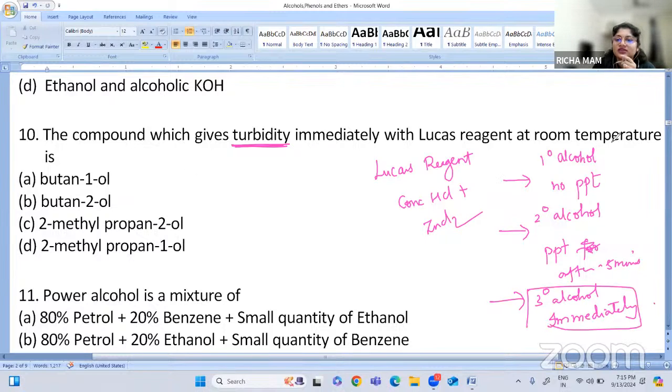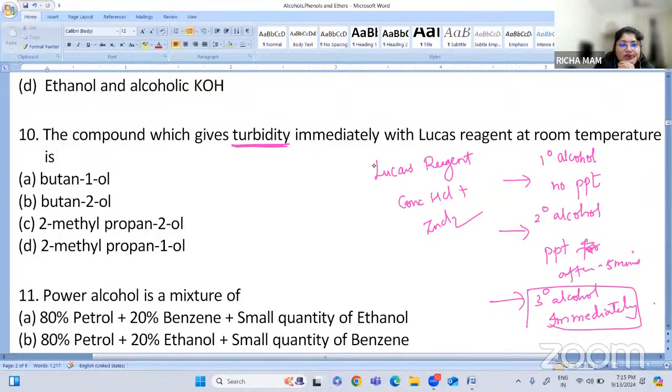Now find out which is a tertiary alcohol among these options. A, butane 1-ol, B, butane 2-ol, C, 2-methyl propane 2-ol, and D, 2-methyl propane 1-ol. You need to know how to write the structures here. Which is the tertiary alcohol?